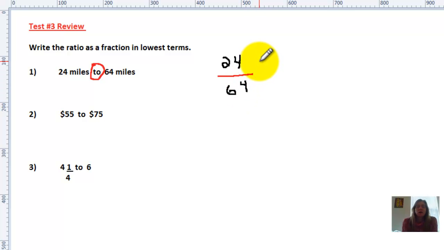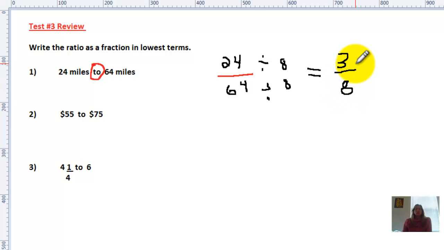Let's try dividing both the numerator and the denominator by 8. Three eighths. 8 times 8 is 64, and 8 times 3 is 24. So that puts the ratio in lowest terms, and that's the answer for number 1.